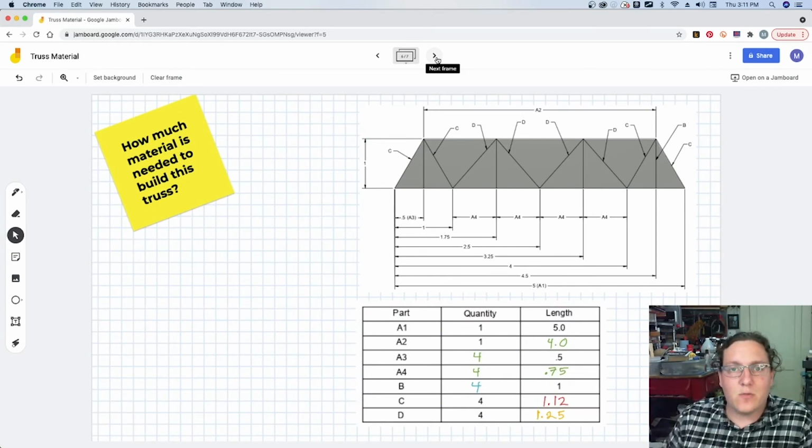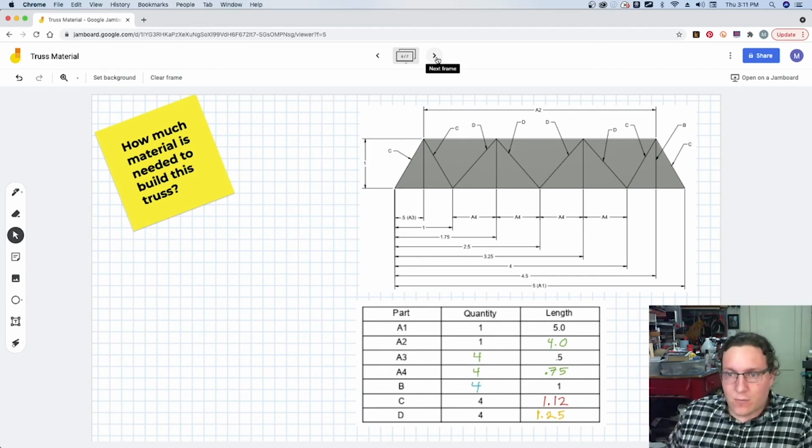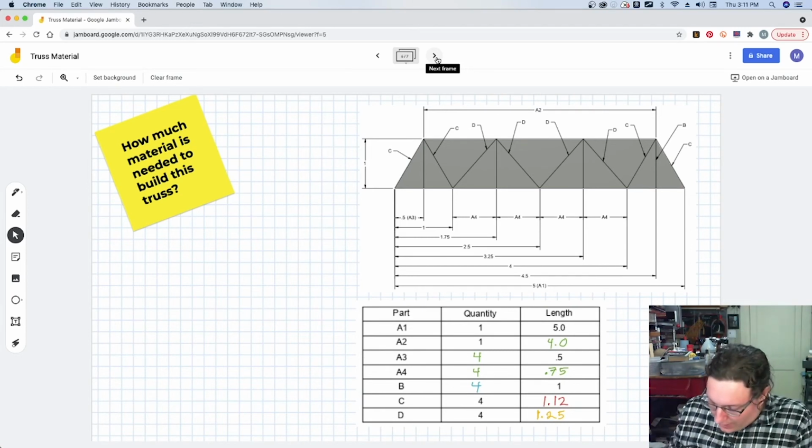Okay? And this is where we need to recognize that just because the table has a lot of information doesn't mean we actually need all of that information. The reason for that is our A1 value includes everything on the bottom.